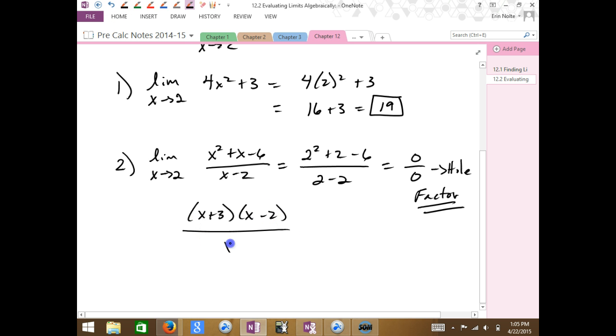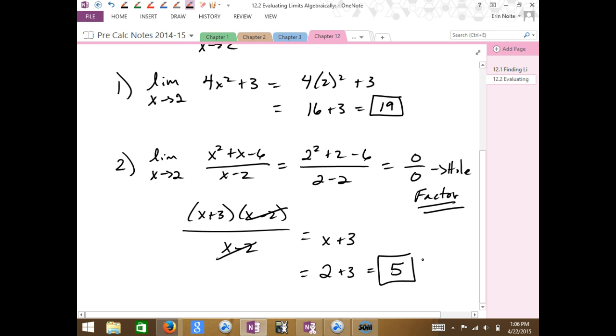Factoring just the top for now, because you would factor the bottom if it could be factored. You have an x minus 2 on the top and the bottom, so you're left with x plus 3. Now we plug our 2 into the function. What is 2 plus 3? 5. So 5 is the value of the limit.